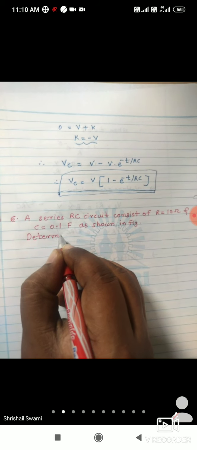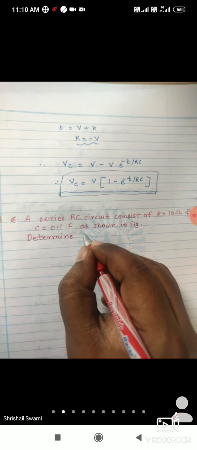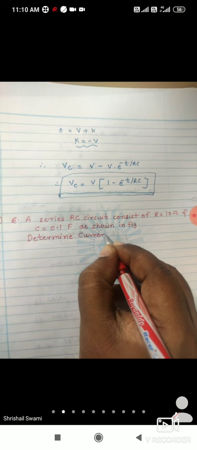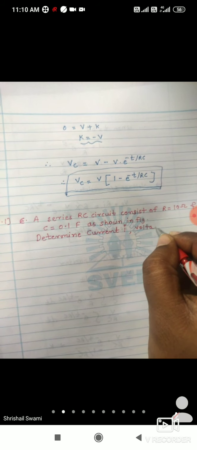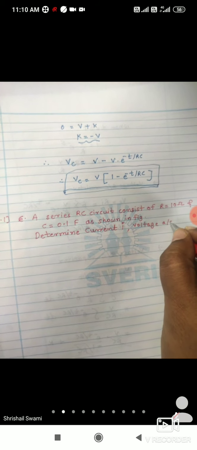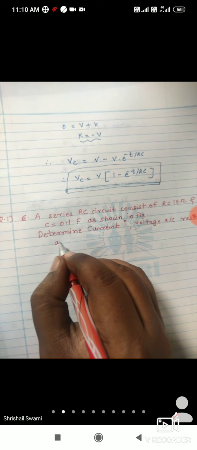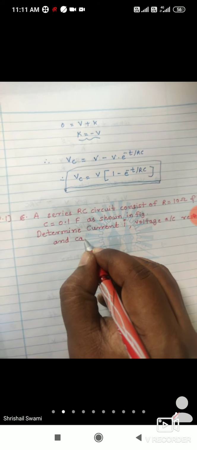Determine current I, voltage across resistor and capacitor.